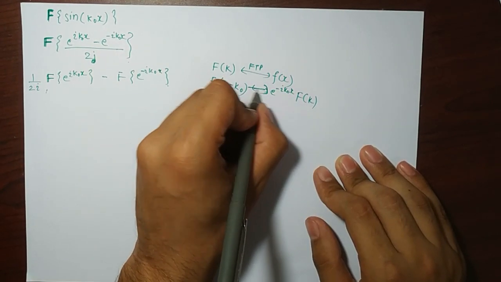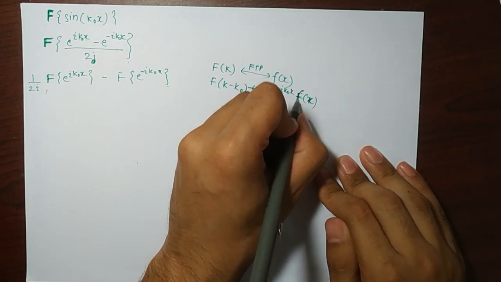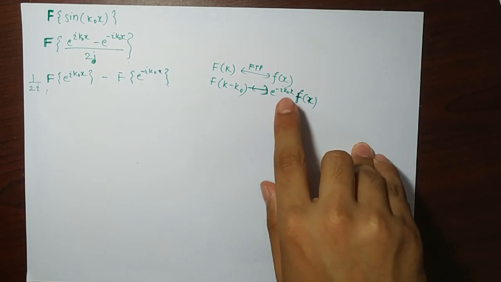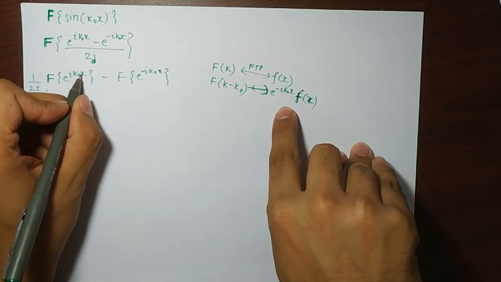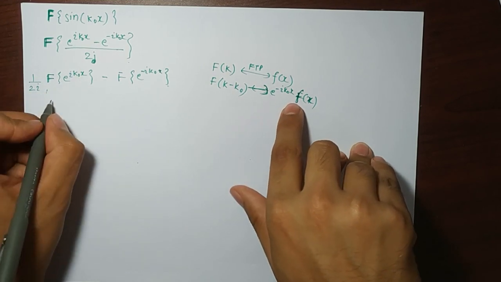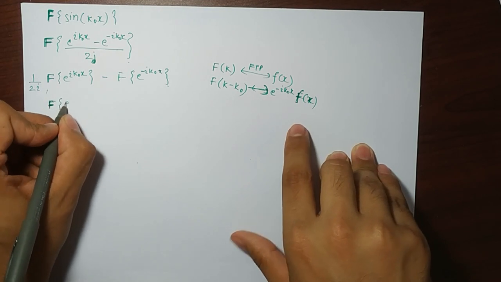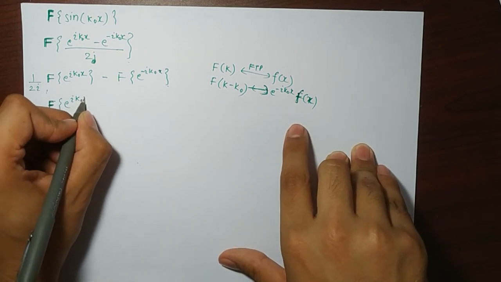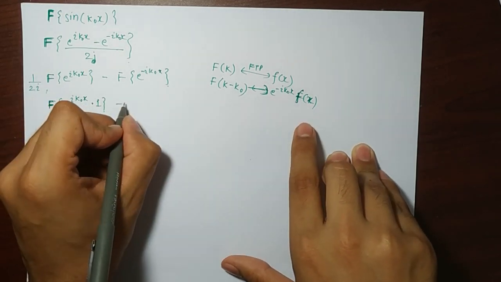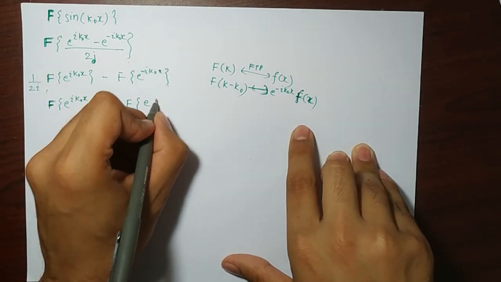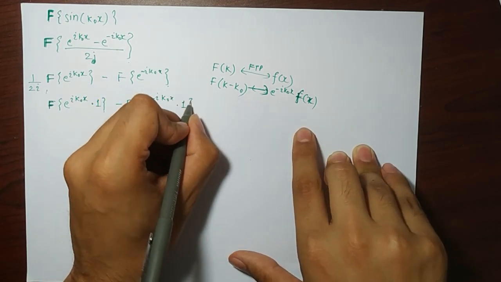You can see that in the spatial domain I already have this e to the power i k naught x. So I can write it as F of e to the power i k naught x into 1, minus F of e to the power minus i k naught x into 1.